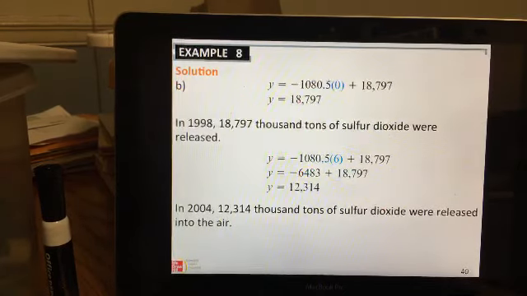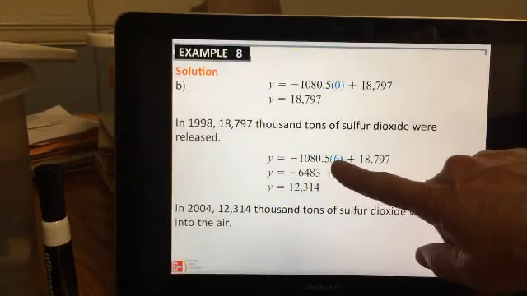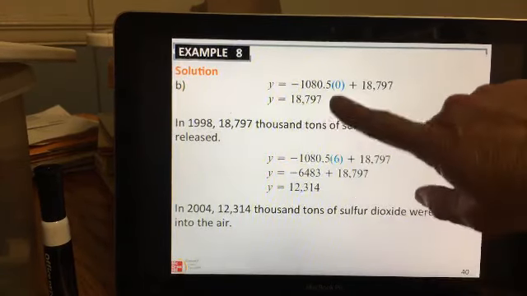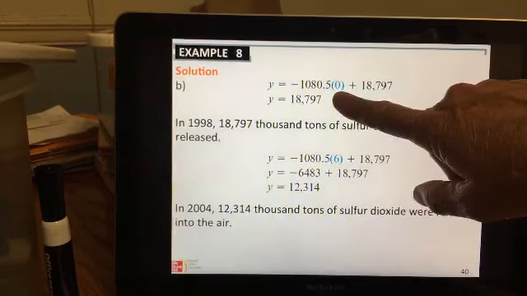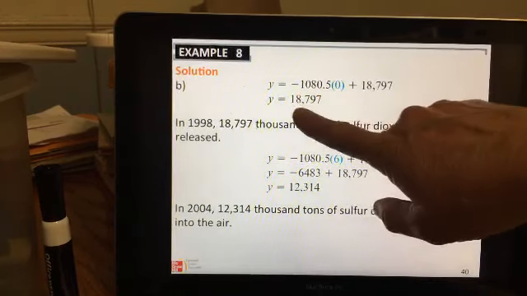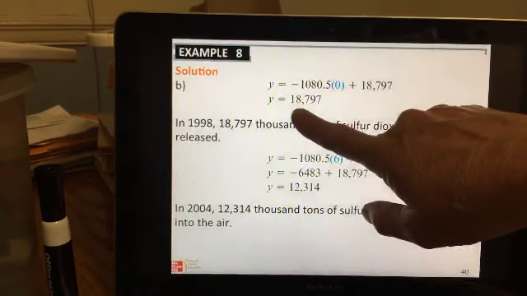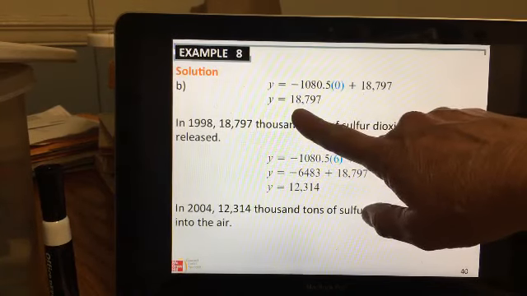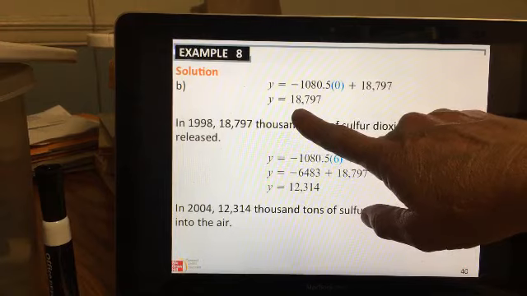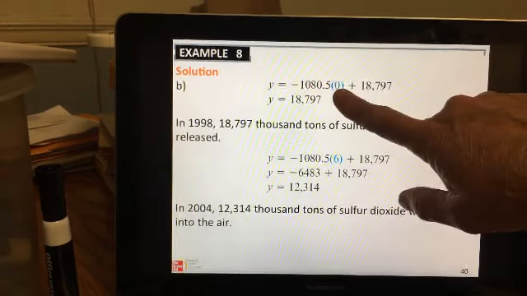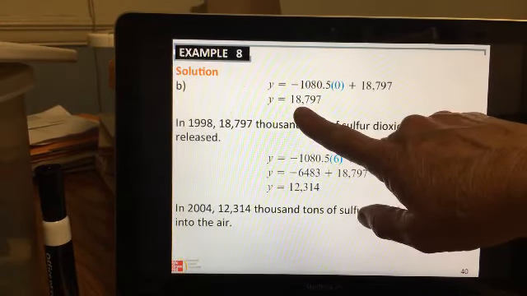Okay, so now it said find what happens in year 6. Okay, so at year 0, that was 1998. If we plug 1998, which is year 0 in, we get 18,797. That's our y-intercept. When we let x be 0, we get the y-intercept.